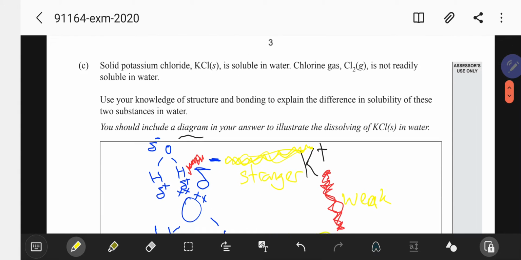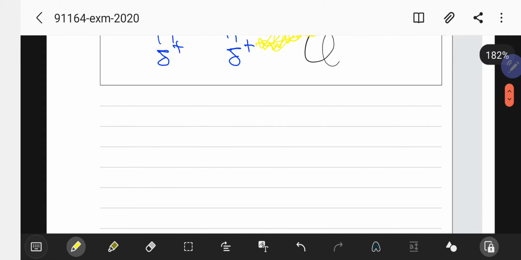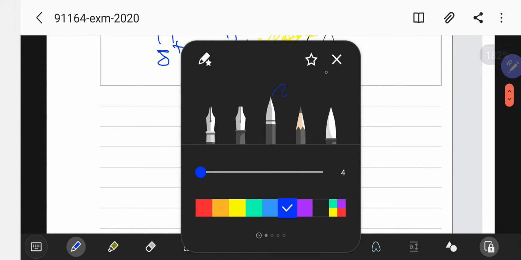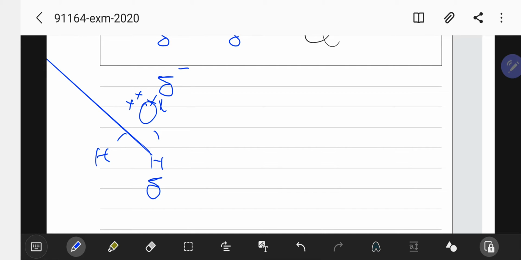And for chlorine gas, we've got our water molecules, I'll draw it again, H, and they're attracted to each other. So there's attraction over here.